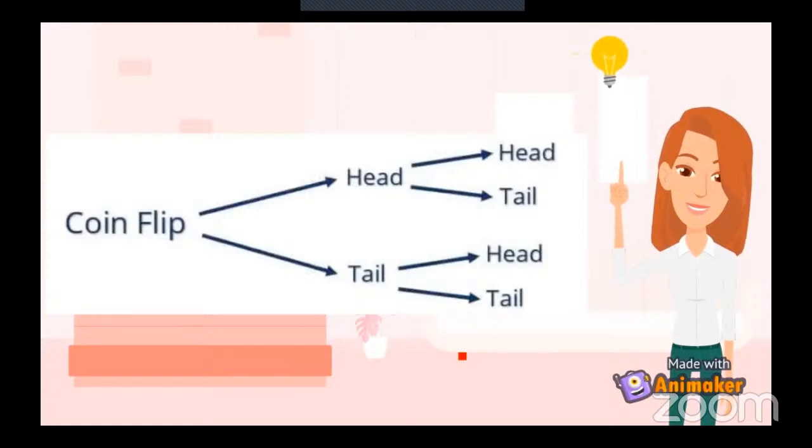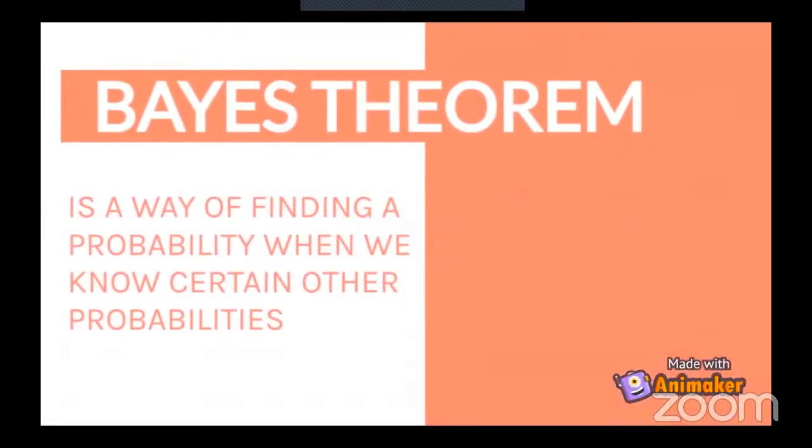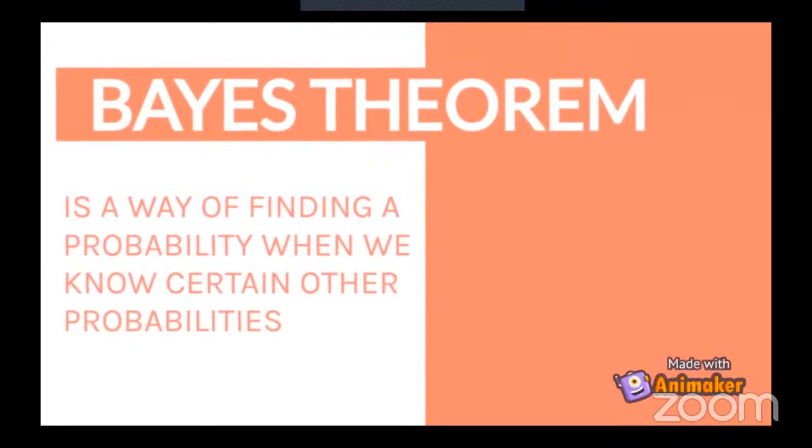The first can be either heads or tails. However, if it's heads, there are two possible outcomes for the second toss, and if it's tails, there are also two possible outcomes.